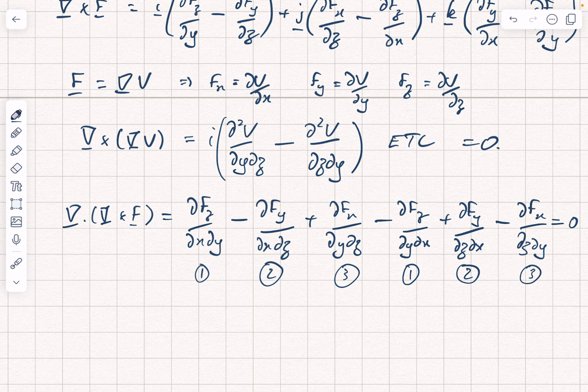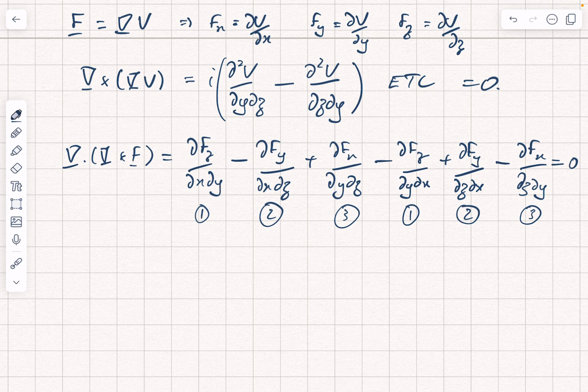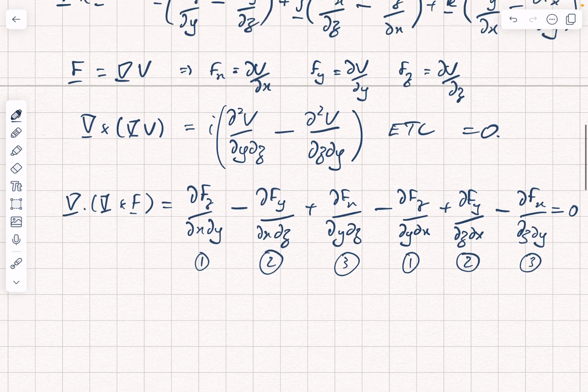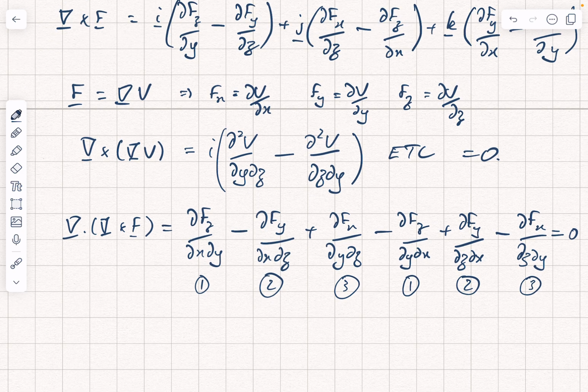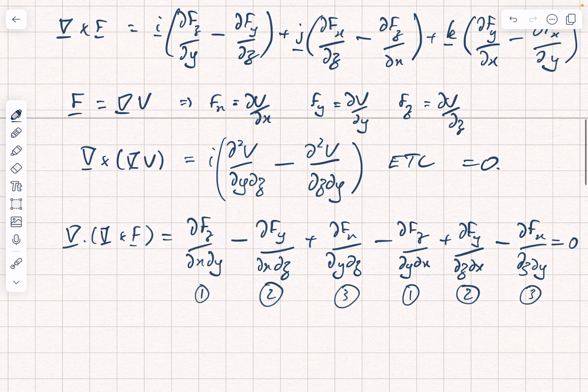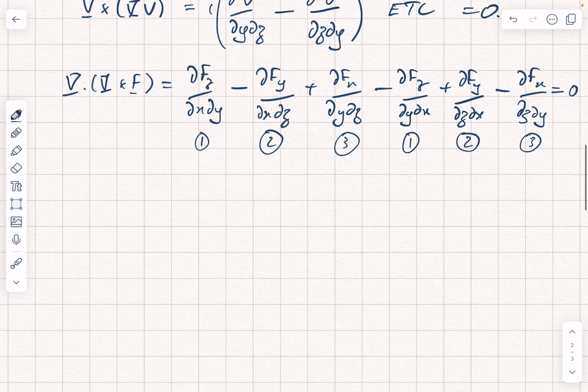If you wanted to, you could just assume that you have a field which is only along z, and if it's only along z, then the non-zero components of the curl are in x and y. So in fact, let's just write this one out.